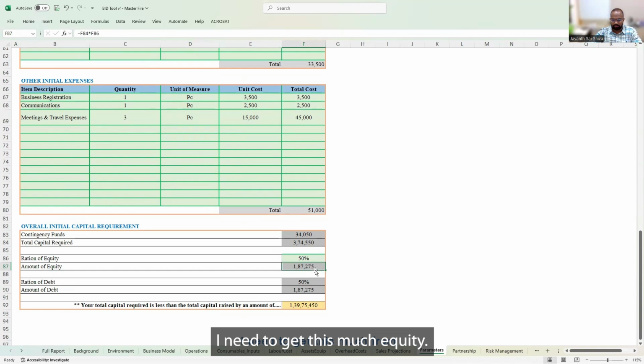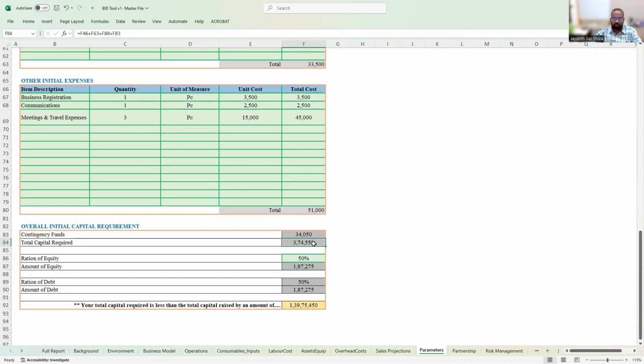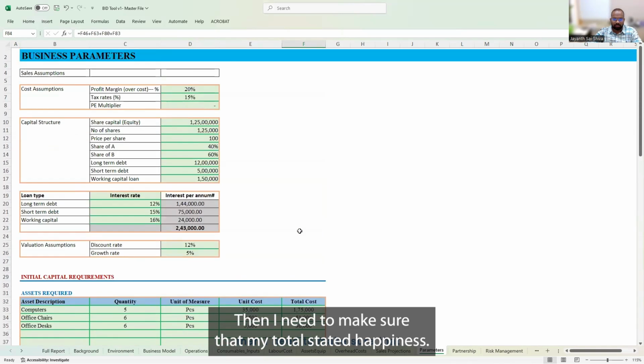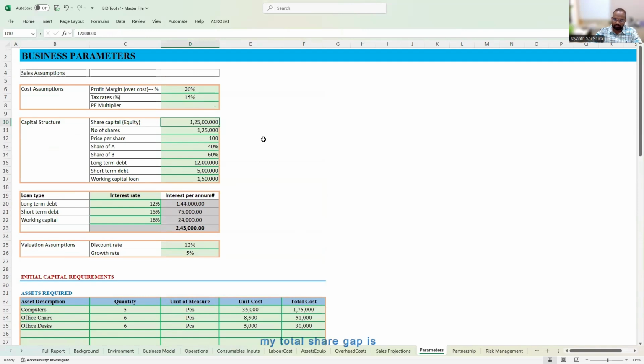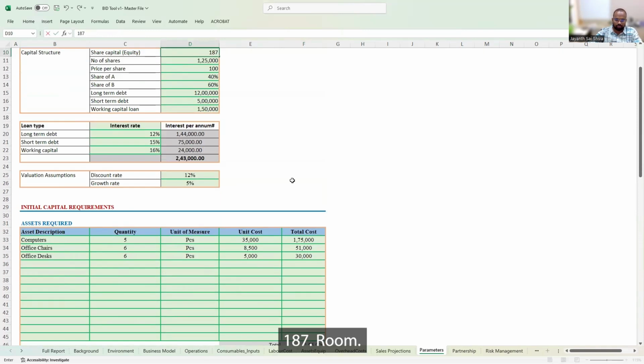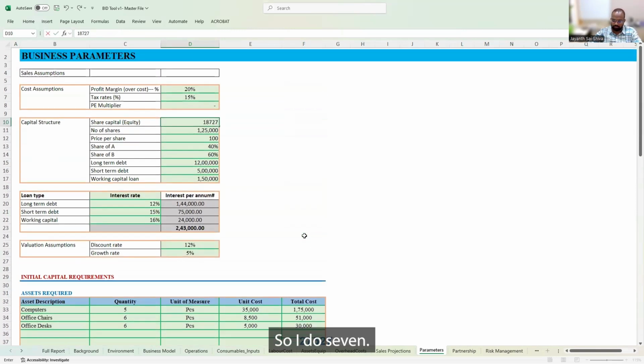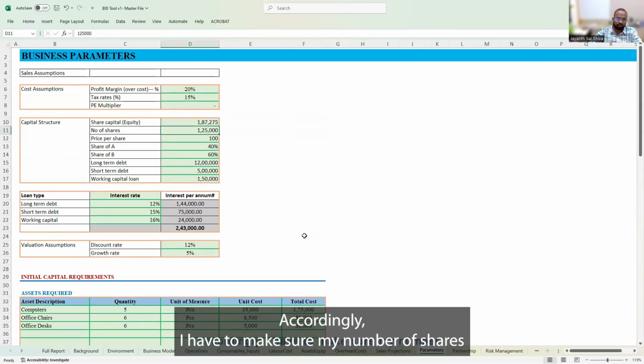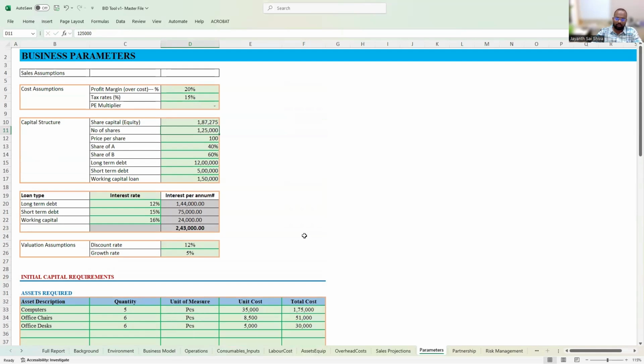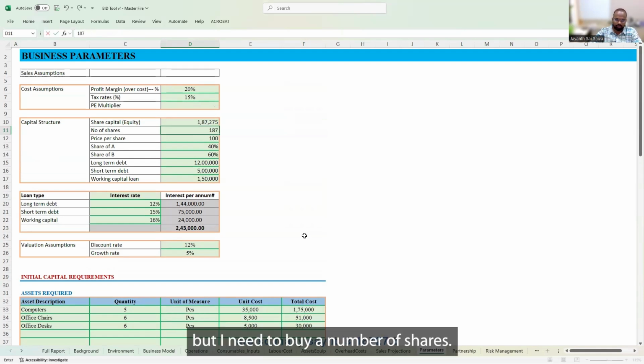I need to get this much from equity. Then I need to make sure that my total share capital is 187,275.